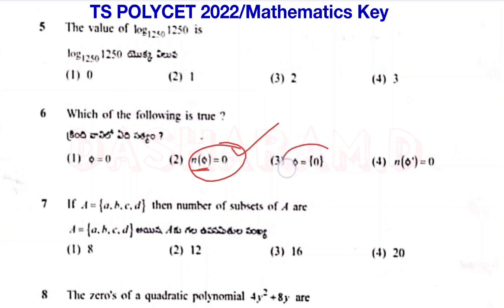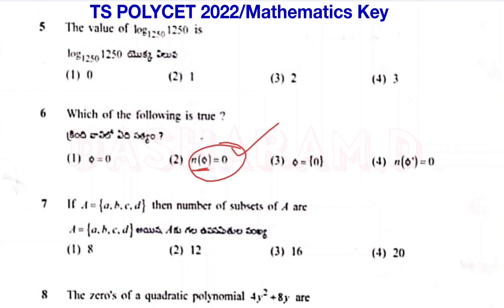Third one, phi equals set of 0. Actually phi is an empty set and set of 0 means a set containing one element 0. So both are wrong. Next, n of phi dash equals 0. Phi dash is nothing but the complementary set. Actually this topic is not in our textbook.